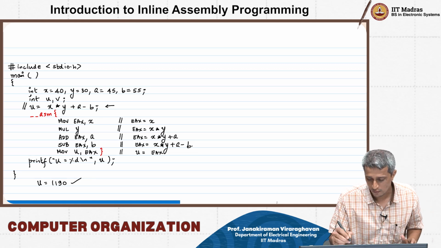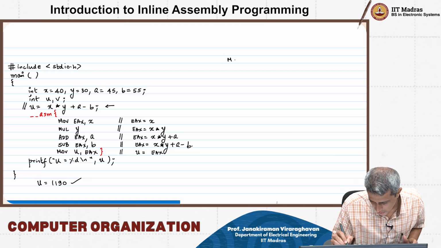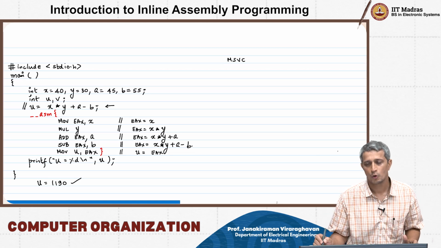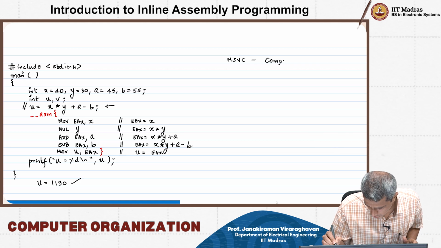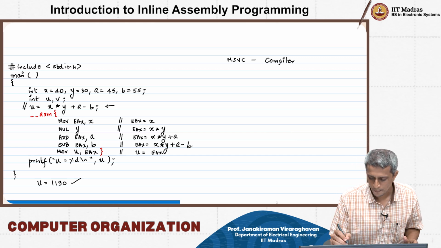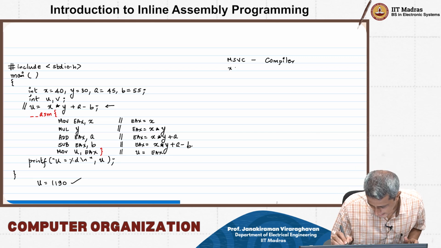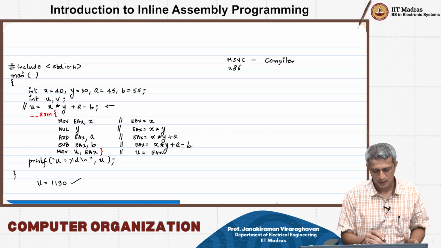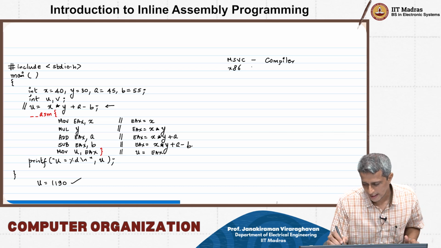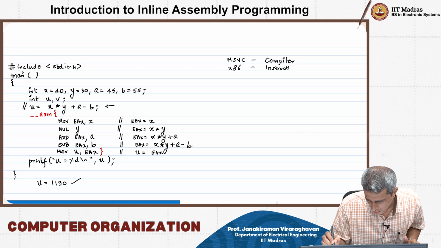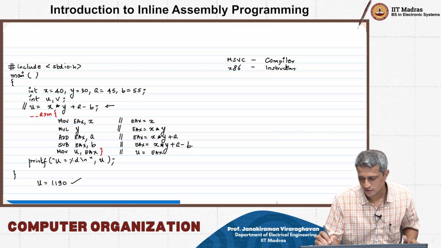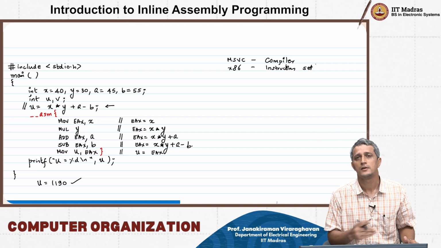And I told you that we are going to tie ourselves to the MSVC compiler, the Microsoft Visual C compiler, and we are talking of x86. The move EAX comma x and all is the x86 instruction set, and so on.